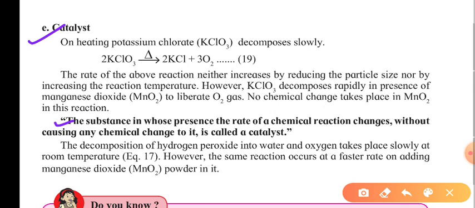There are certain materials, certain chemical compounds, which play a very vital role in completing a chemical reaction. They don't take part directly in the chemical reaction, and they don't form any particular compound in it, but their presence boosts or increases the rate of reaction.